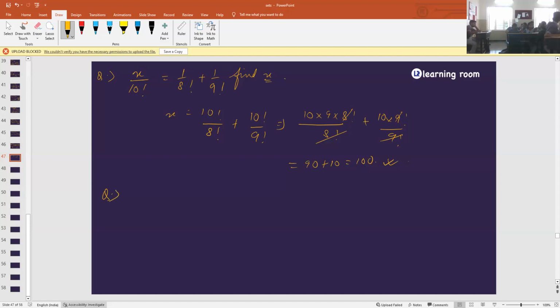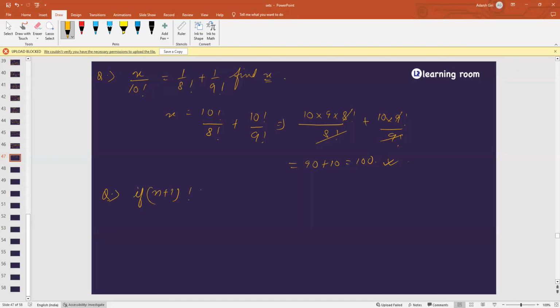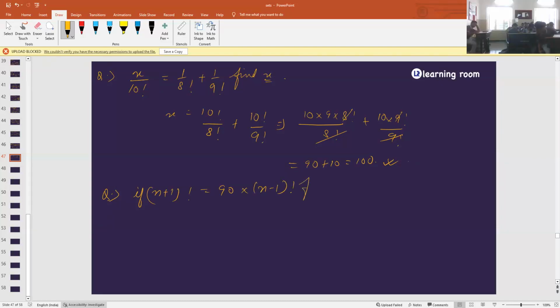Okay, another question. If n plus 1 factorial is equal to 90 into n minus 1 factorial, find n.